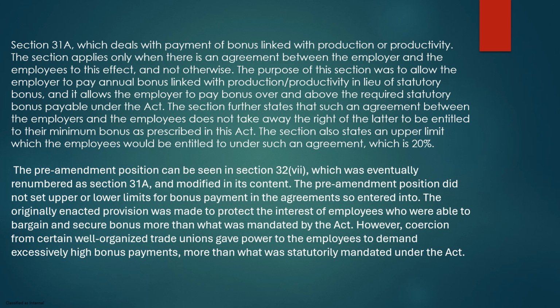The pre-amendment position was in Section 31, Section 7, subsection 7. It was renumbered as 31A, and it is specifically for making an agreement between the employer and the employee. That is the purpose of this insertion.